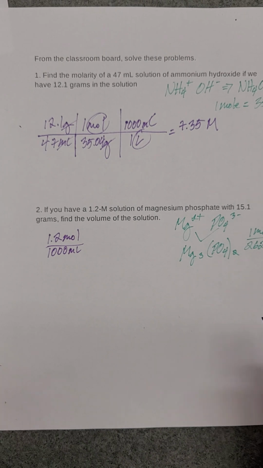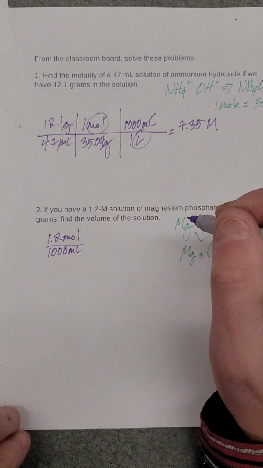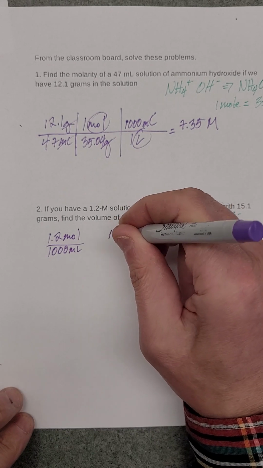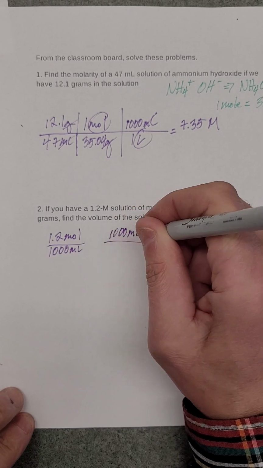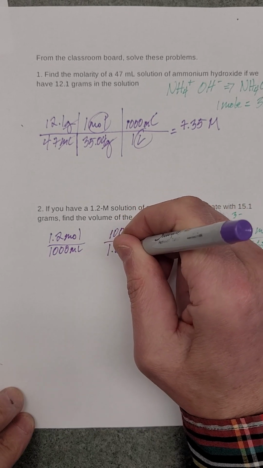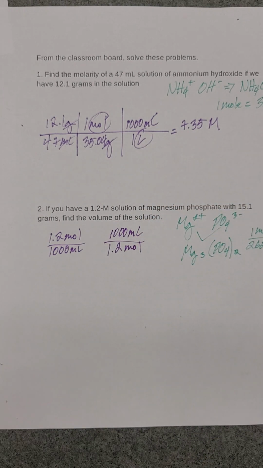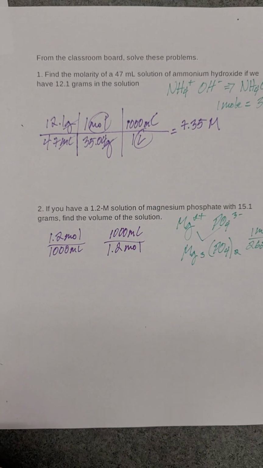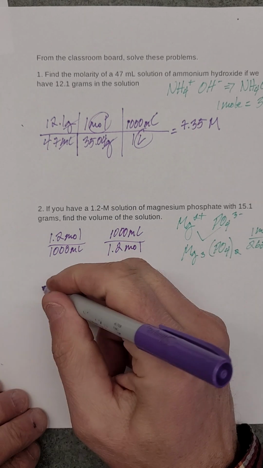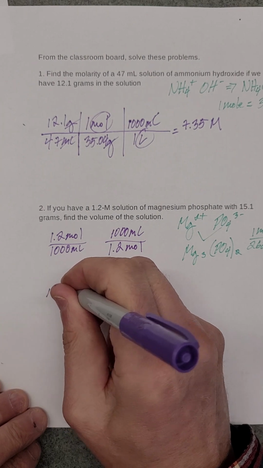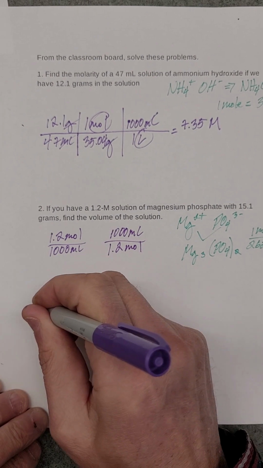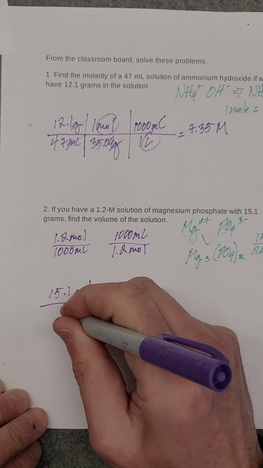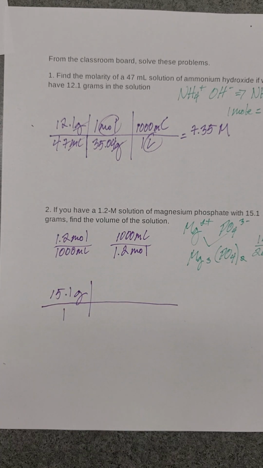I like just using milliliters. But remember, I can rewrite this so I can have the milliliters on the top, which I'm going to have to do for this problem, with the 1.2 moles on the bottom. It's still the same relationship. So really, I'm going to be using this one right here, just flipping it around, kind of like we do sometimes with molar mass. So I've got 15.1 grams. I'm going to put that one first. I like putting the number that has the 1 on the bottom first.